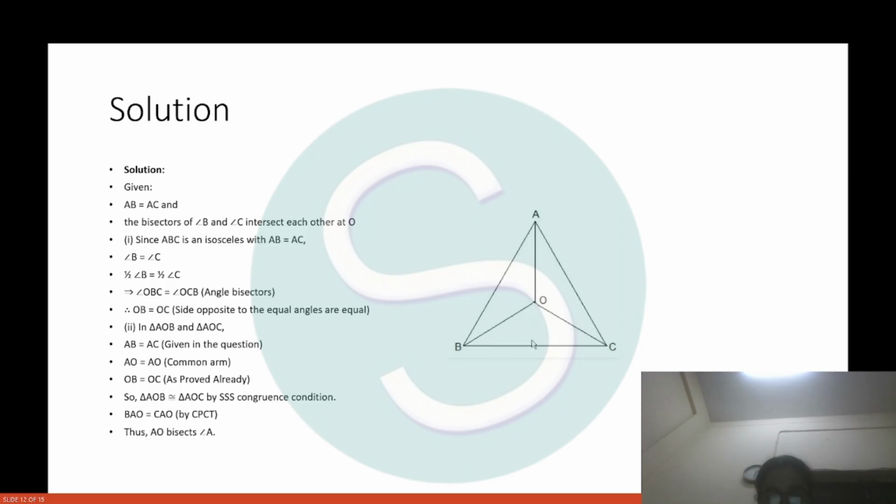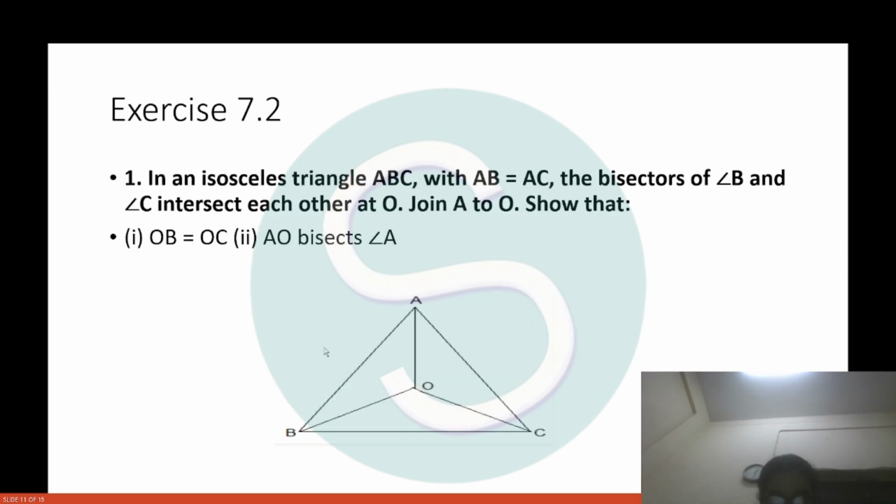Okay, so if this is the case, then we can use the property that if two angles are equal, then their opposite sides are also equal, which implies OB equals OC. Second part, we have to prove AO bisects angle A. So basically here AO bisects angle A, that is, angle BAO and angle CAO are equal.